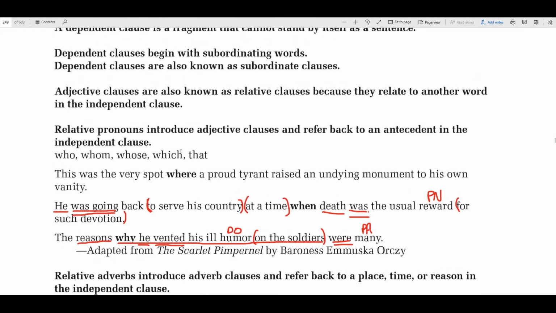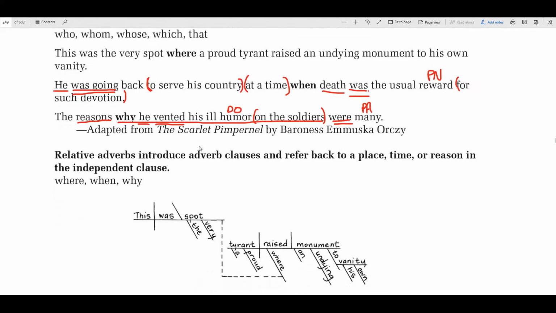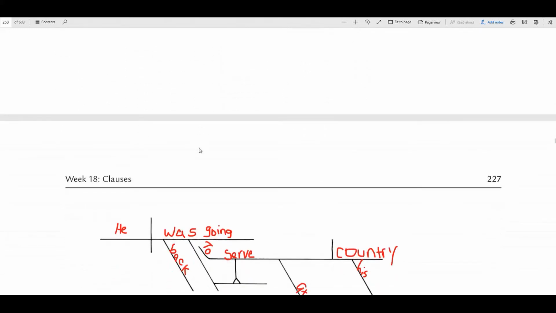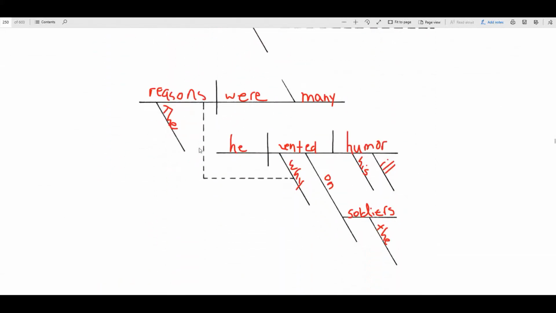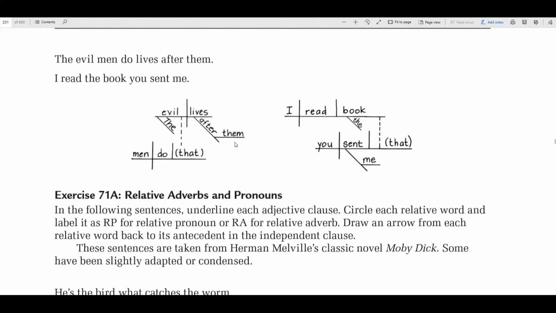Okay, so remember that relative pronouns that introduce adjective clauses are who, whom, whose, which, and that. And then relative adverbs are where, when, and why. So remember those. Sometimes you have sentences that have one of those missing.